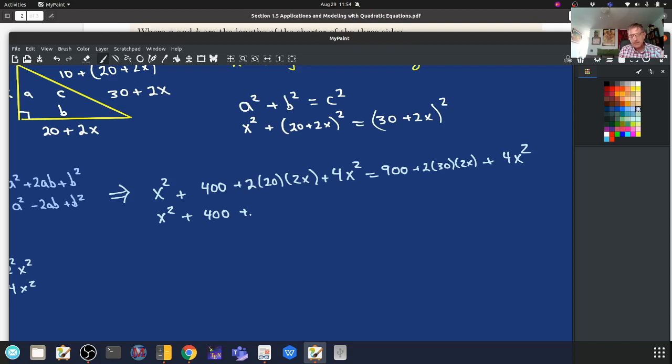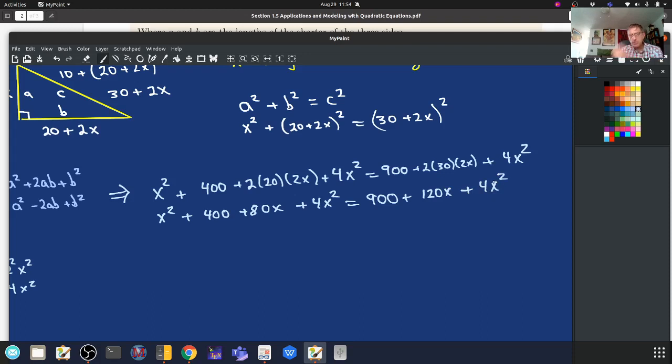And 80 times x is 80x. And I'm going to leave my 4x squared there, and this is 900. 2 times 30 is 60, times 2 is 120, times x is 120x, plus 4x squared.